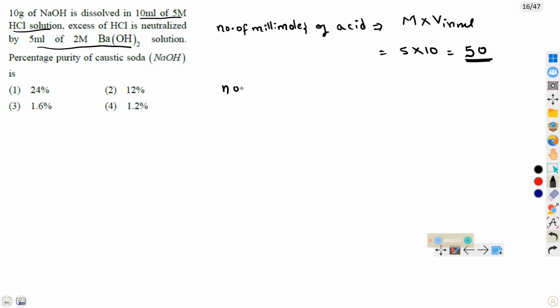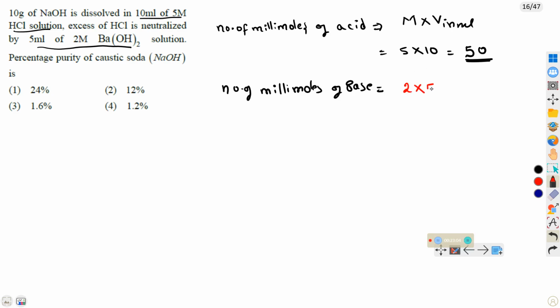Number of millimoles of base is equal to 2 into 5.